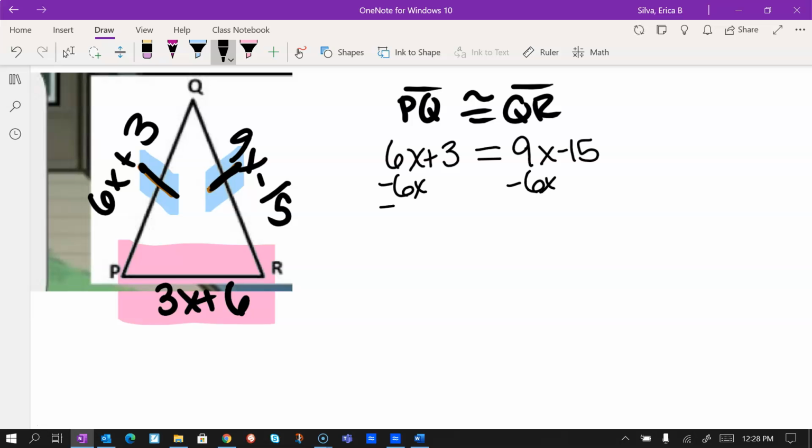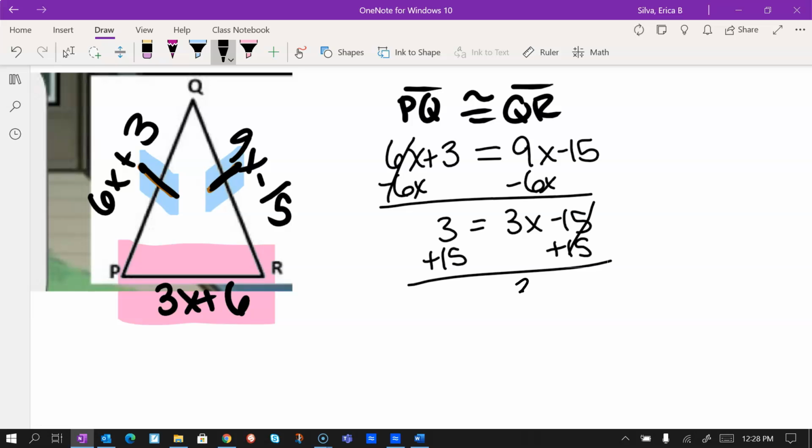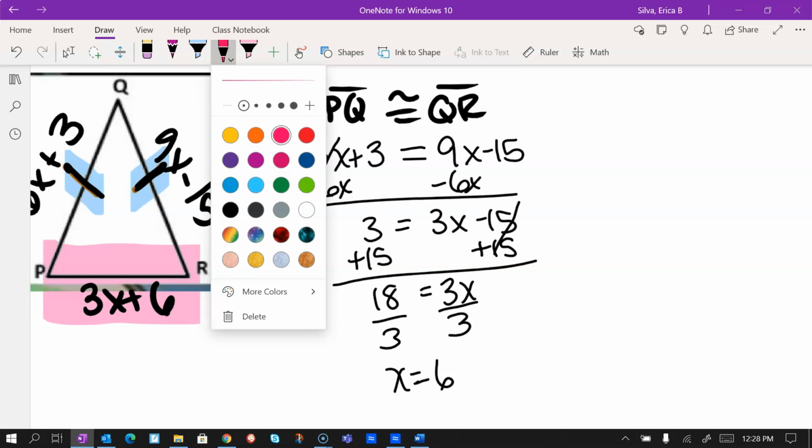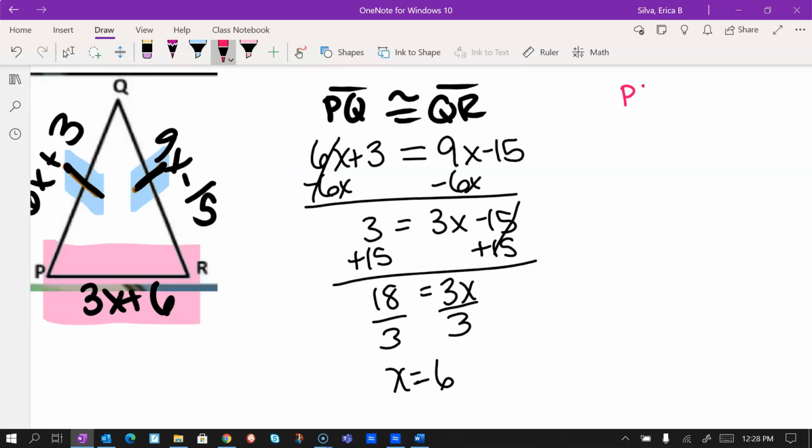I'm going to subtract 6x, and then add 15 to both sides. We get 3x is equal to 18. Divide by 3, and we get an x value of 6. Now that we know what x is, PR is equal to 3x plus 6.